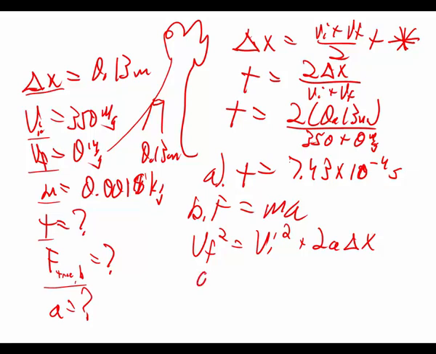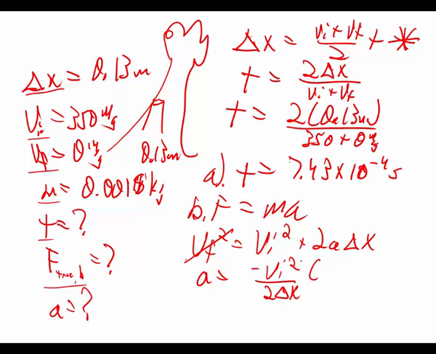Now solve it for acceleration. That term is gone because it's 0. And what do we wind up with? Negative VI squared divided by 2 delta x. And so we get what?